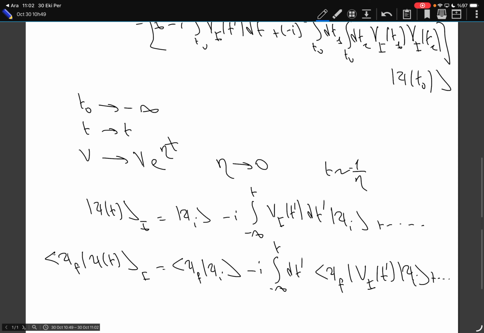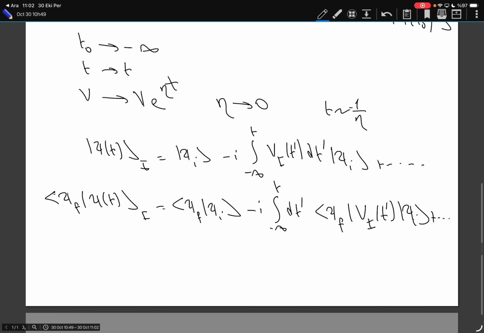This is what I would like to calculate. Eventually, what will be the probability that my particle will be in this final state, psi f?